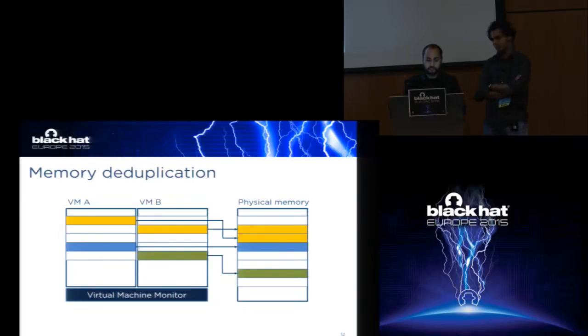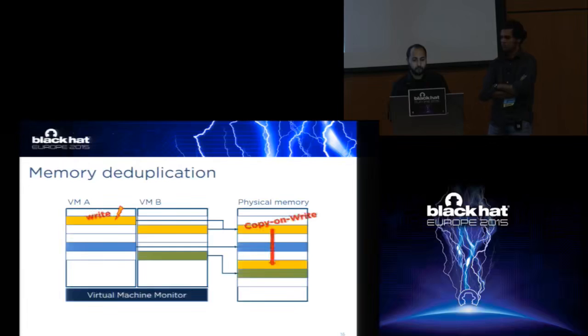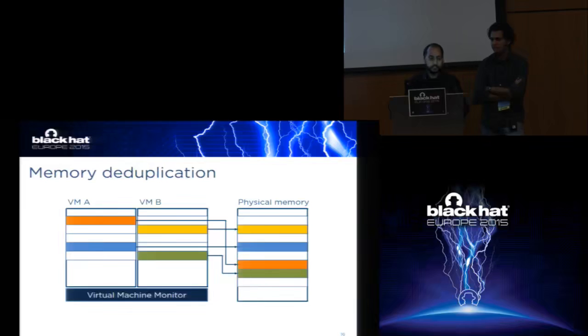It will scan for these pages, and as soon as it finds 2 pages with the same content, it will merge them into one physical page. Now, as soon as one of the VMs, in that case VM A, writes to that page, there will be a copy on write operation. So the page will be duplicated again in physical memory, such that VM A can easily write to it and everything is fine again.